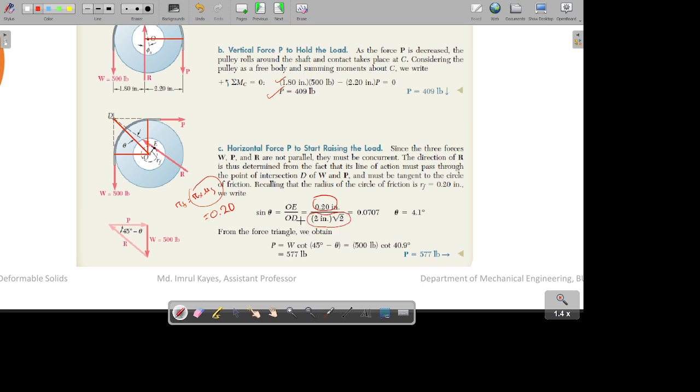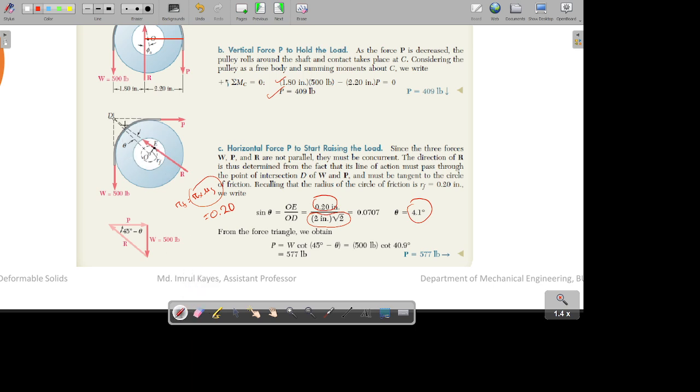So the value of OD will be 2 root 2. Then you can get the value of sine theta. Once you know the value of this theta, this angle over here will simply be 45 minus theta, because the total angle is 45. If you subtract this 4.1 degree from 45 degree, you will get the value of this angle.